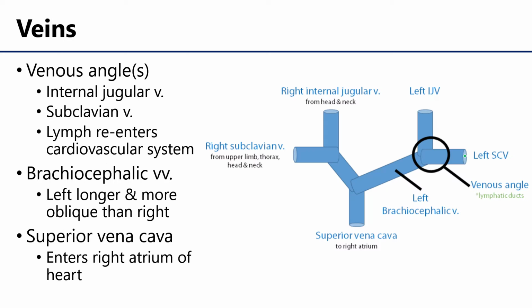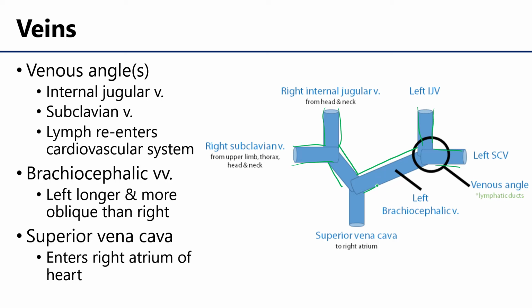So here we can see a cartoon representing these major venous pathways. So there's the right IJ, the left IJ coming together with the right subclavian and the left subclavian to form the brachiocephalic veins. The right brachiocephalic vein is a little shorter and steeper than the left.